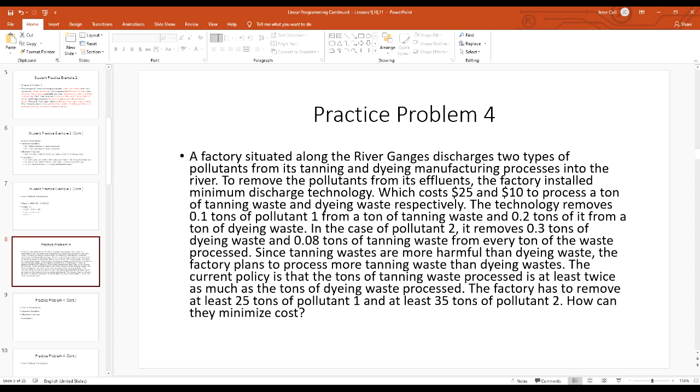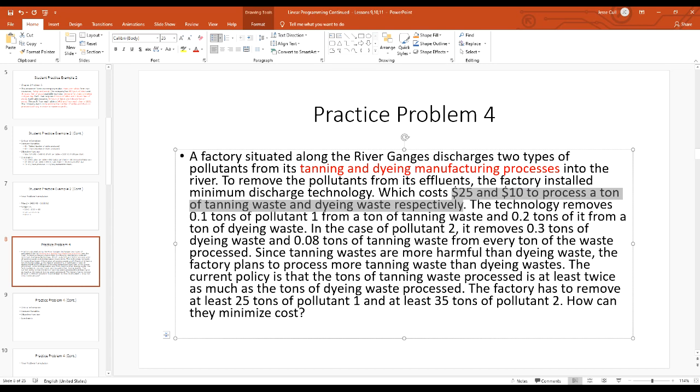So, let's go through this and find our key information. The factory is along the River Ganges, 2 types of pollutants from its tanning and dyeing manufacturing processes. So we know that it has tanning processes and dyeing processes. To remove the pollutants from its effluents, the factory installed minimum discharge technology, which cost $25 and $10 to process a ton of tanning waste and dyeing waste, respectively.